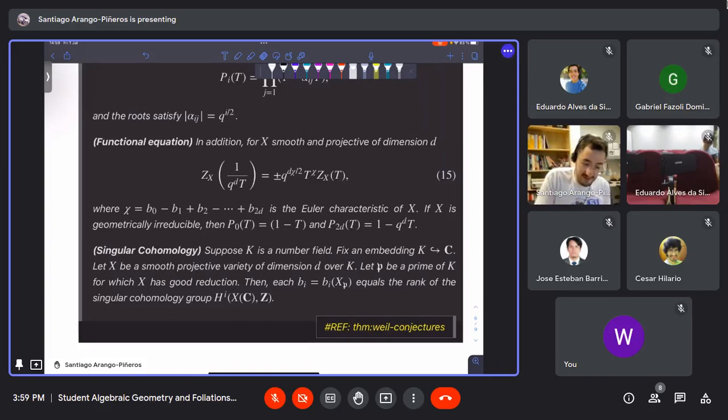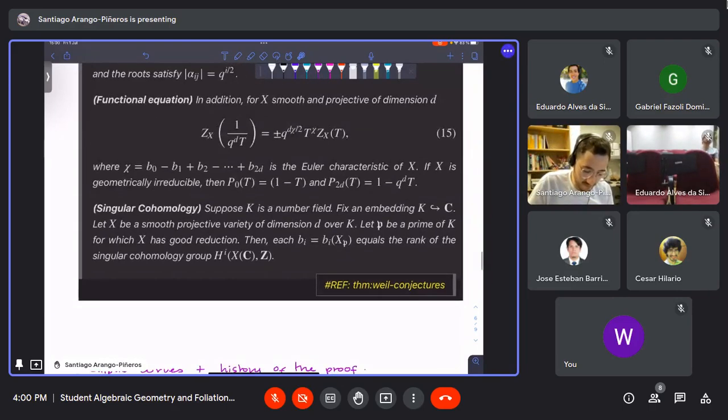And the surprising thing is that somehow the degrees of these polynomials know about the cohomology of the complex variety. So it's this really deep relationship between the arithmetic of your variety and the topology, the classic complex geometry of your variety.